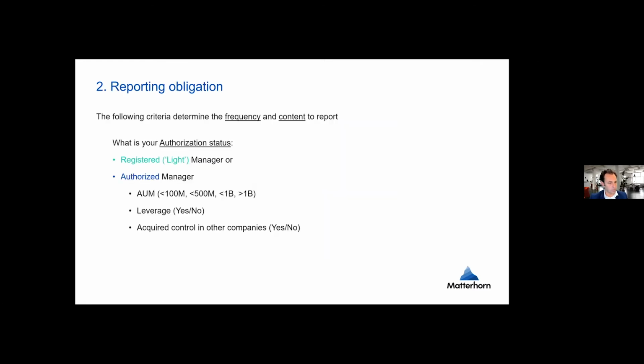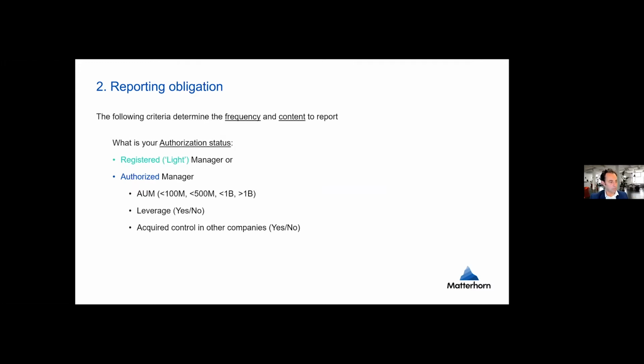Before we go into the working of the template, we want to briefly discuss the reporting obligation under the ESMA rules, because there is a big distinction between the type of manager you are. And there are a number of criteria that determine how often and what you have to report.